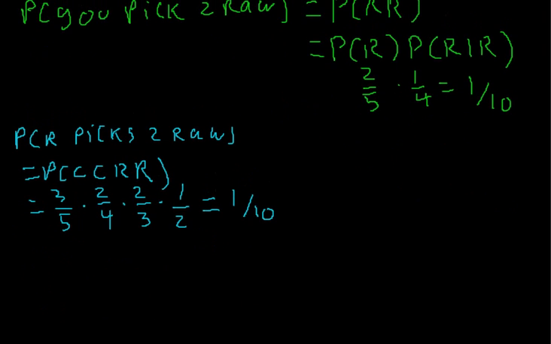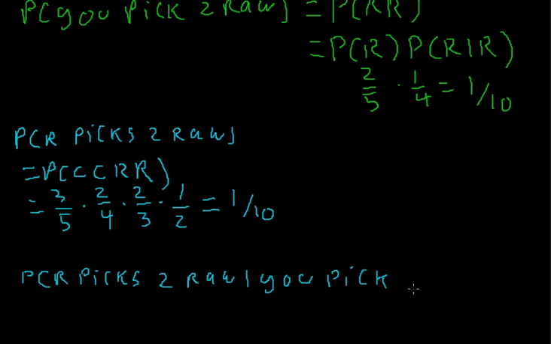But since this problem seems to be somewhat troublesome, let's look at it in a different way. We know that the probability that the roommate picks 2 raw, given you pick 2 cooked, is equal to the probability that the roommate picks 2 raw.